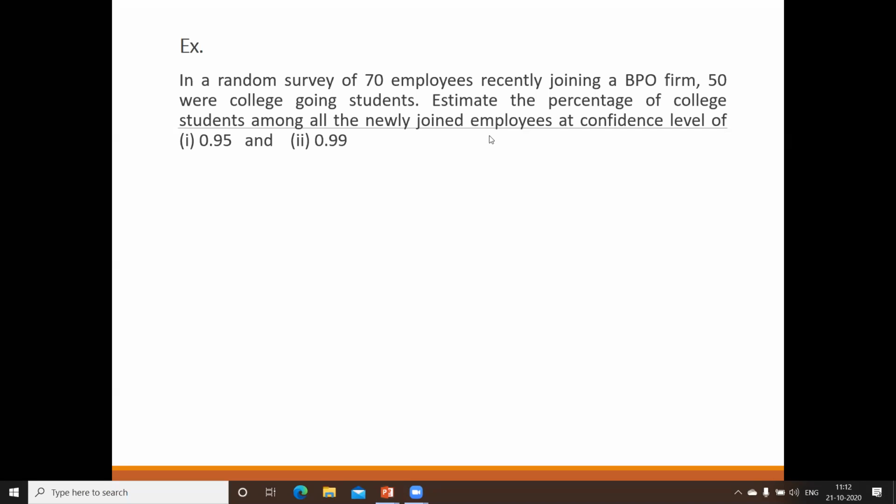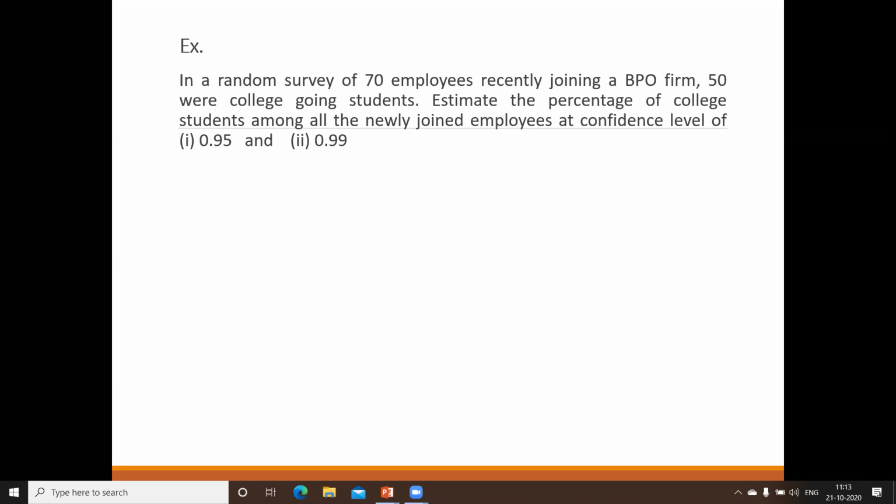Now using this value, we are supposed to find the interval estimate for the proportion of students. Please calculate the value of the standard error of proportion, that is your sigma p. Because we do not know the value of pi, that is your population proportion, we know the value of p here.